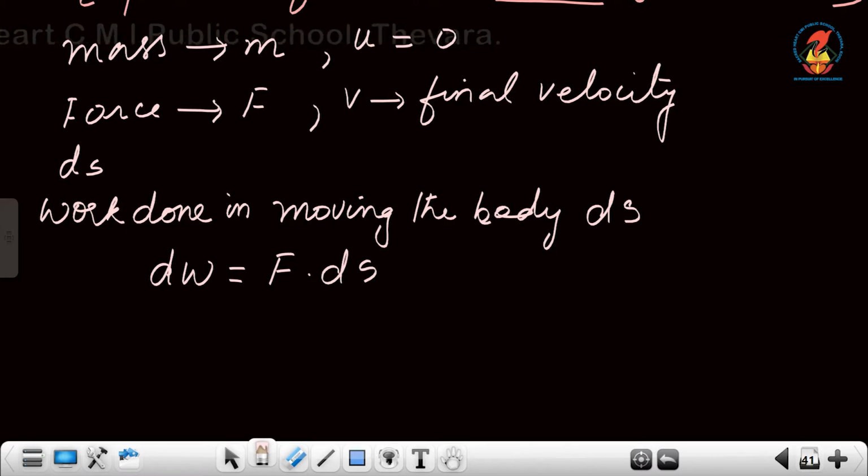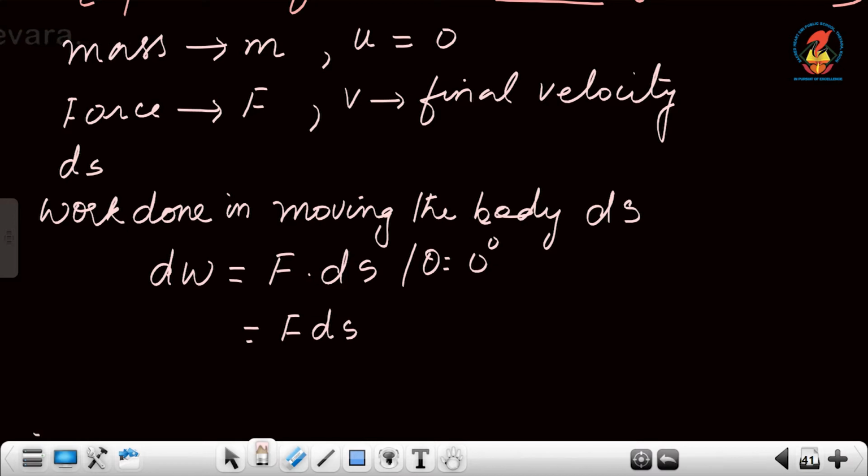Here we are assuming that the body is traveling in the direction of the applied force. So theta will be equal to 0 degrees. So this can be written as F ds.